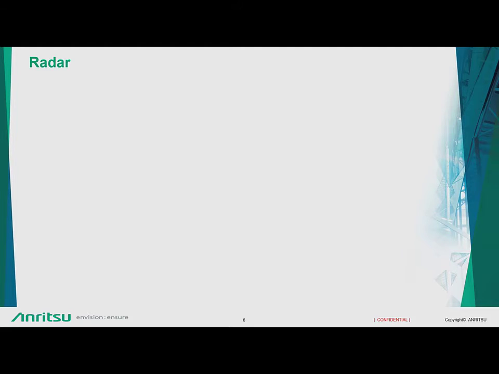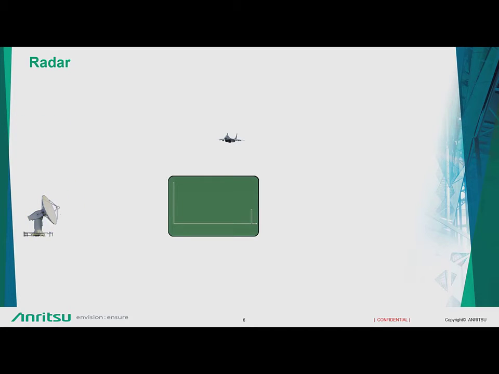Now, moving on to one of the major applications of pulses, which is radar. I don't need to explain what radars are, but just to give you a visualization, there is a transmitter that sends a pulse, and when it hits a particular target or any object, there are some reflections happening.